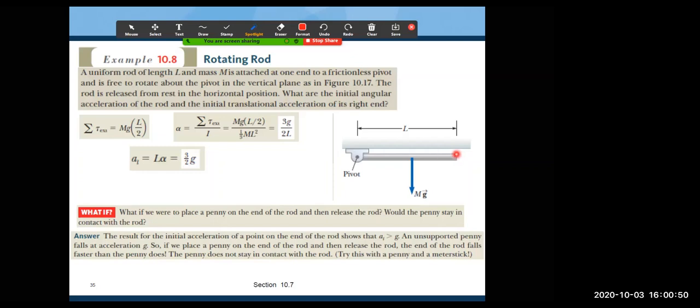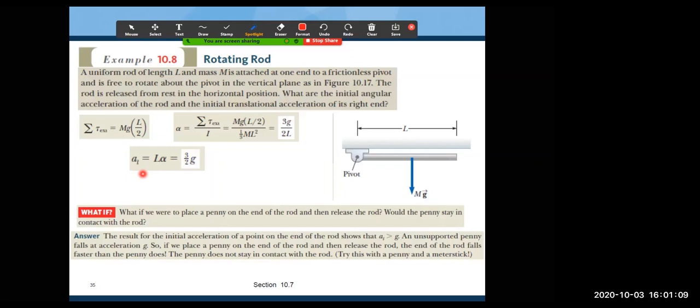This means that the cone will be detached from the end of the rod because the rod is accelerating quicker than g at the end of the rod. So this is an observation we could get from the calculation.